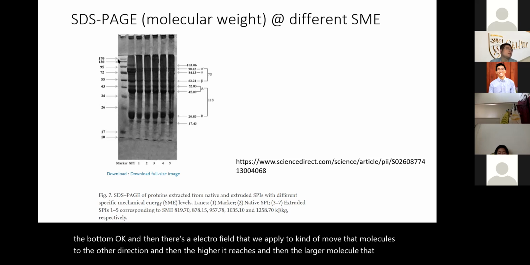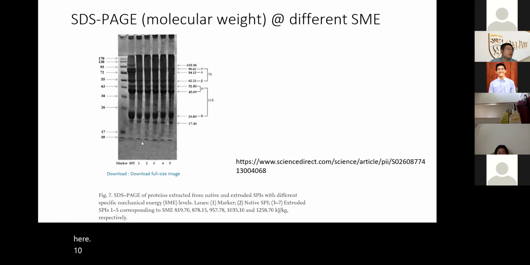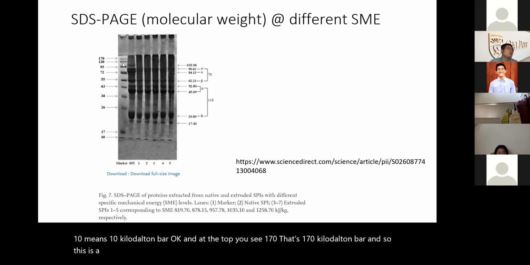Okay, so we actually have standards showing different distances. For example, here 10 means the 10 kilodalton band, and at the top you see 170, that's the 170 kilodalton band. This is the marker. The marker is the standard that we run every time to calibrate the SDS-PAGE.